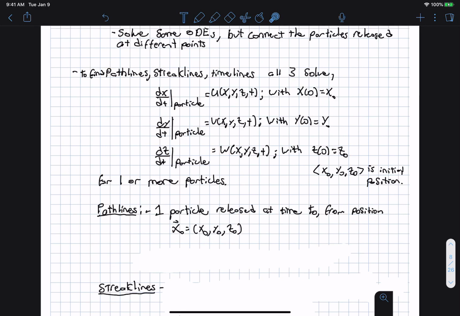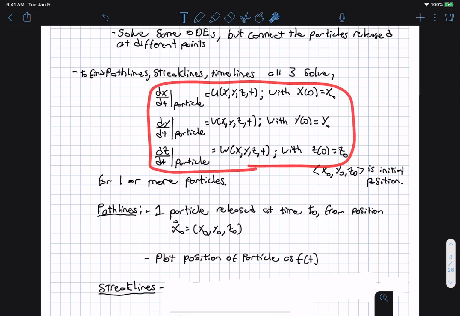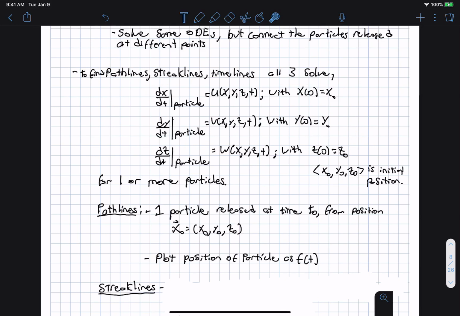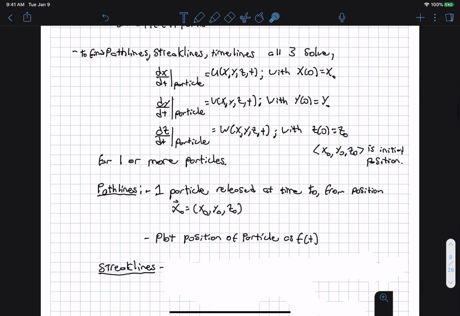Okay? And then you plot the position of that particle as a function of time. So again, you just solve this ODE here, or the system of ODEs, and you plot the xyz position, or xy position in 2 dimensions, of the particle as a function of time.